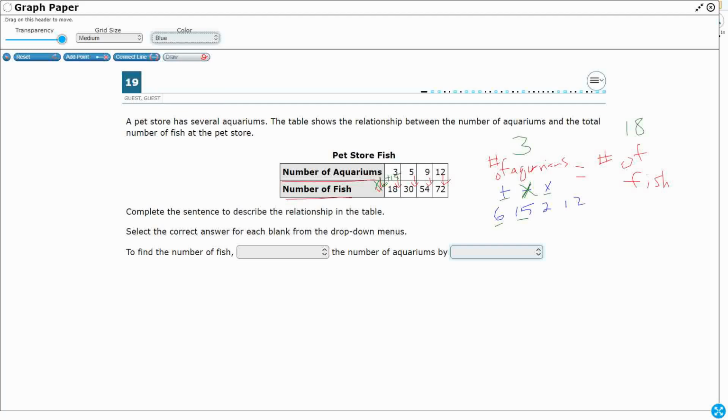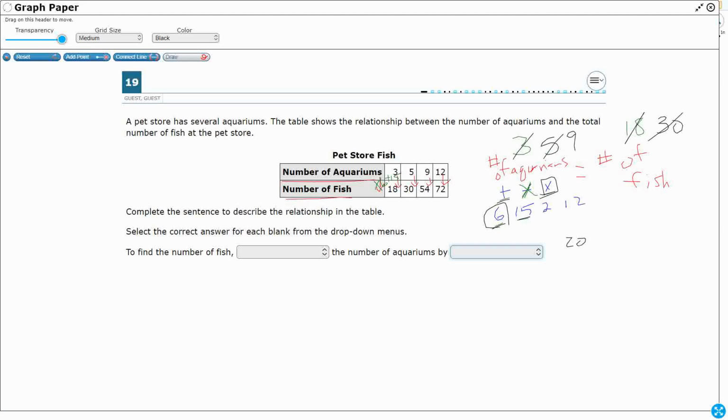So let's check the second one here. 5 and 30. So 5, I'd said plus 15. 5 plus 15, that's only going to be 20. But 5 times 6, yeah, that gets me 30. Okay, so I like this times 6. Let's verify that the next ones work.